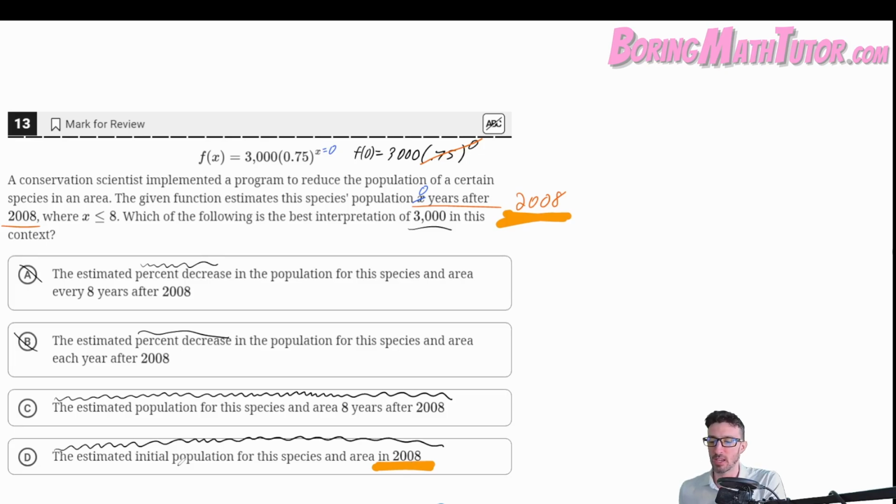Initial seems to make sense because initial is what happens when you didn't wait. Very impatient. You only waited 0 years. That's not a lot of years to be waiting. That's the initial population. Answer is definitely D.